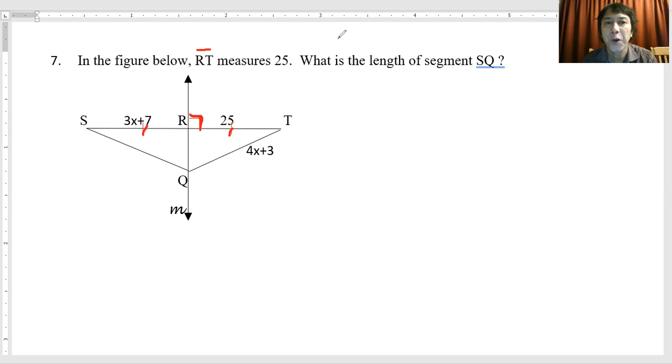And so if a point lies on the perpendicular bisector, and that is point Q, then point Q is equidistant to the endpoints of the segment.